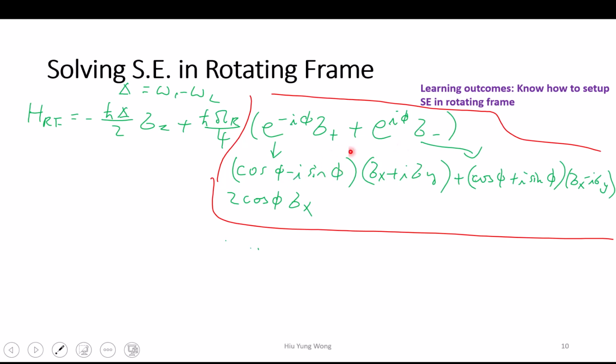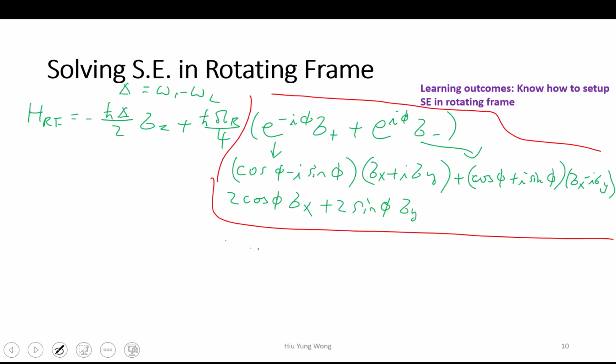So this term gives me sine phi sigma y, right? These two terms. How about these two terms? i times negative i also plus, so I get another 2 sine phi sigma y. It's just a matching, right?